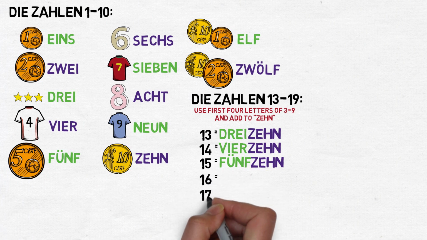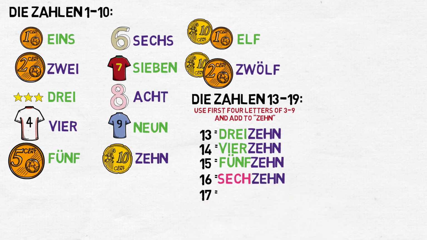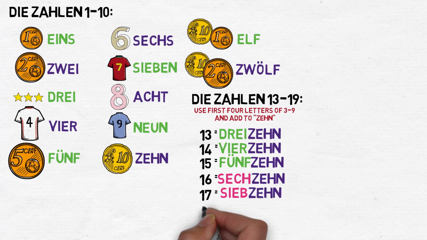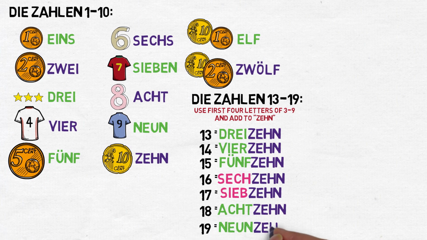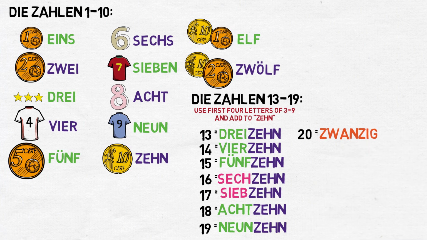With 16 and 17 is where we need the first 4 letters of the number. For example, 16, 17. 18 is 18. 19 is 19. And the word for 20 is 20.